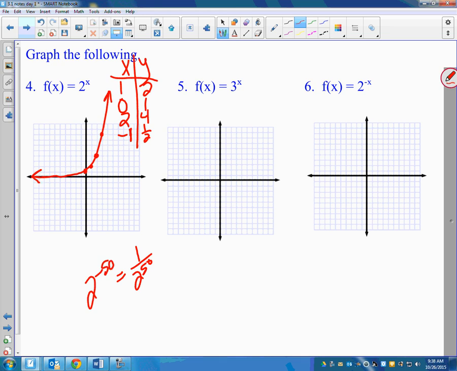And then I just do the 3 to the x here to show you that a is just your base, and all it does is change the rate that it's growing. 3 to the x should look pretty close to 2 to the x, where the numbers are going to be a little different, right? If I just picked a few numbers here, like -1, 0, and 1.